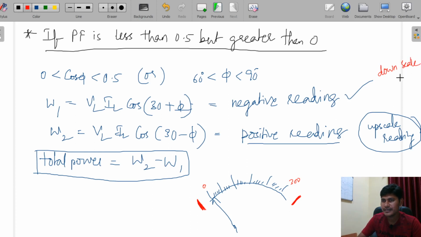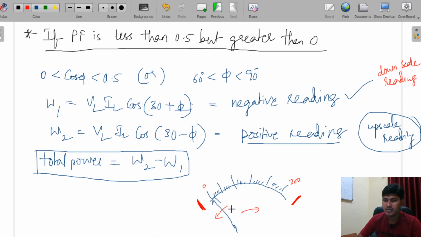A downscale reading means the pointer moves in the backward direction, in this direction. An upscale reading means the pointer moves in this direction. If it is moving in this direction, that is well and good. You can get the reading from the wattmeter.